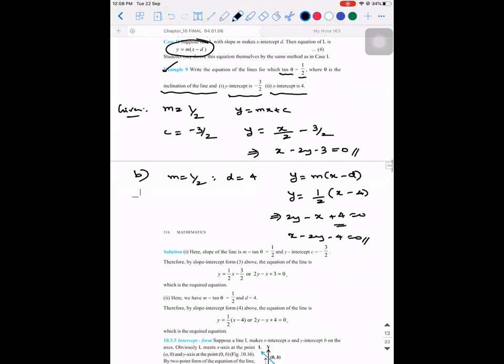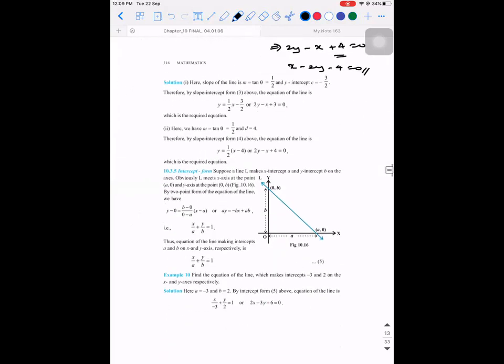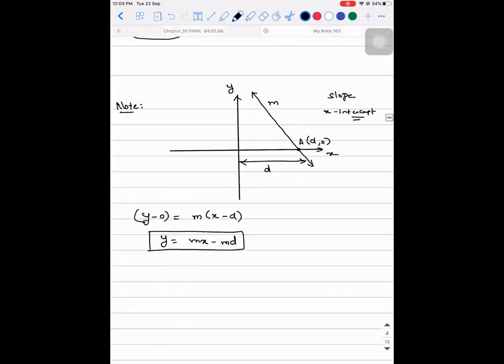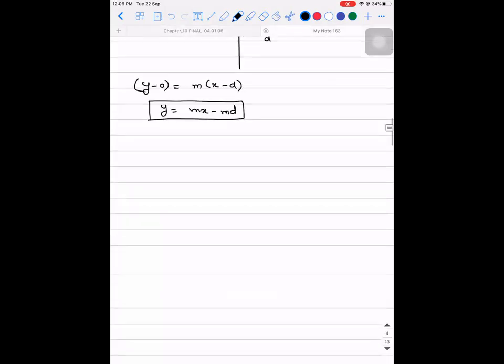Shall I proceed to the next concept? The next form is called the intercept form.